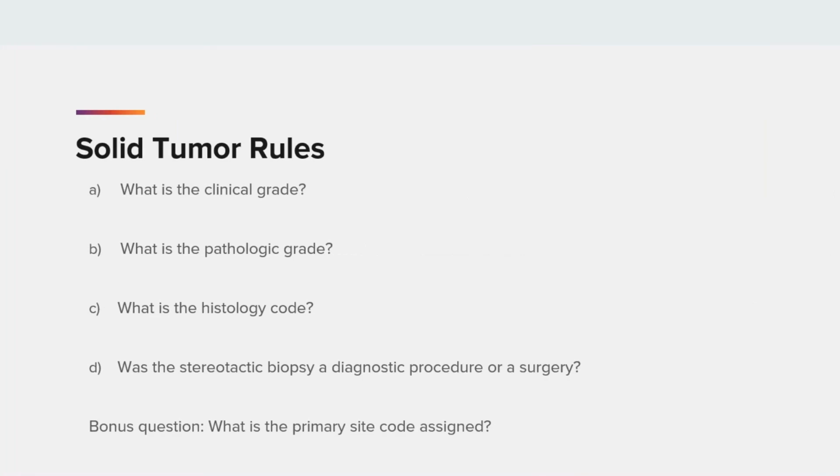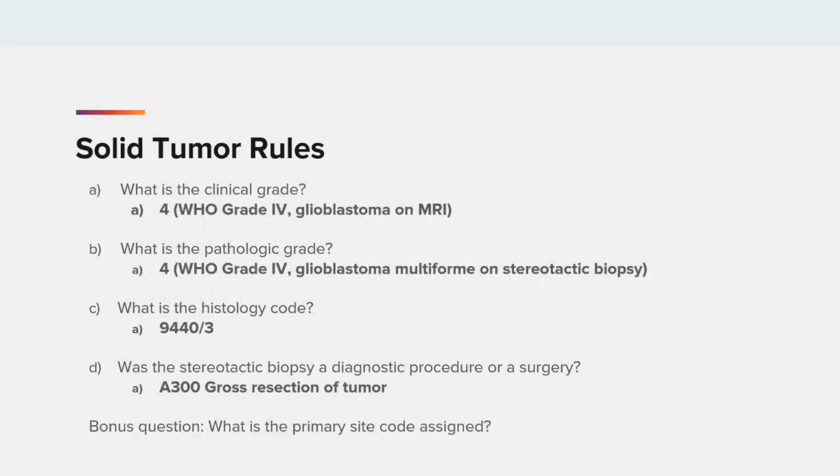So first, what is the clinical grade? That would be a 4. WHO grade for glioblastoma on MRI? Remember the table in the AJCC or the Solid Tumor Rules indicate glioblastoma has a clinical grade of 4. What is the pathologic grade? That would be a 4. WHO grade 4, the path was glioblastoma multiforme on the stereotactic biopsy. The grade was provided by the pathologist as grade 4.